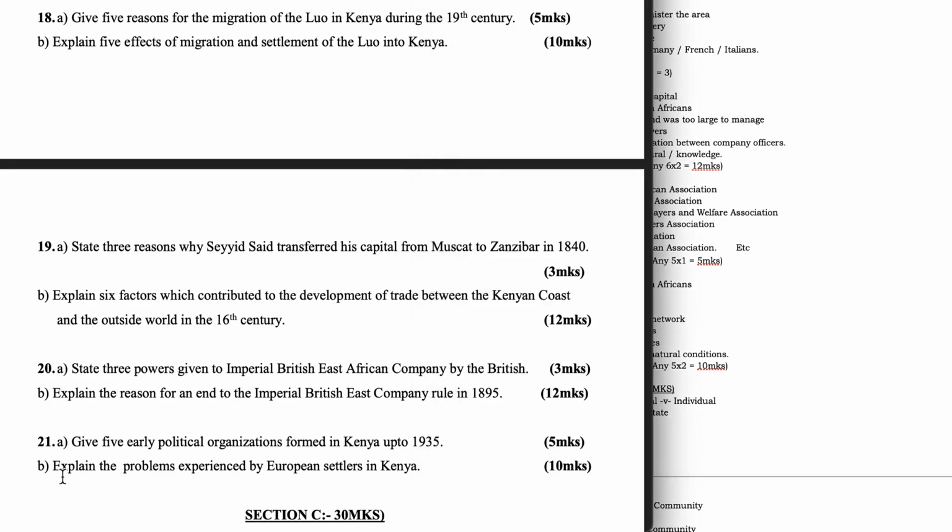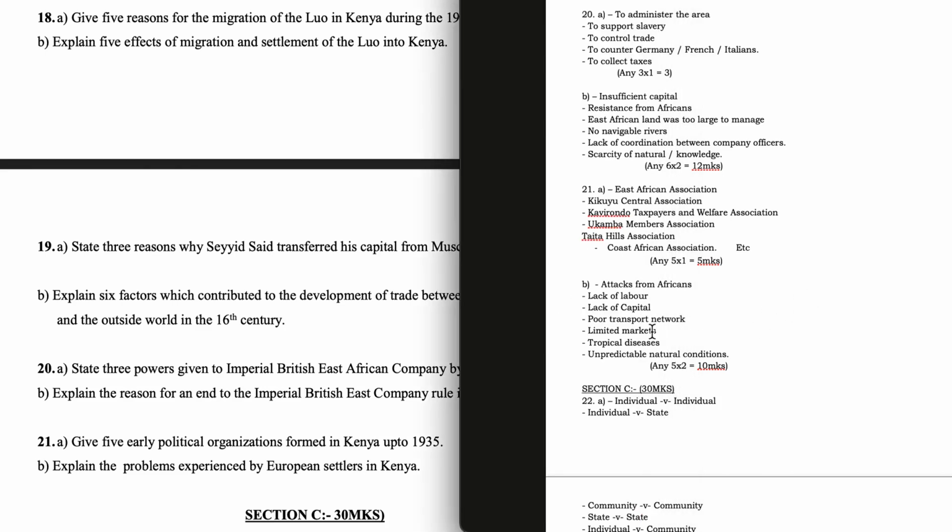Question 21B. Explain the problems experienced by European settlers in Kenya. Attacks from Africans, lack of labor, lack of capital, poor transport network, limited markets, tropical diseases, unpredictable natural conditions.